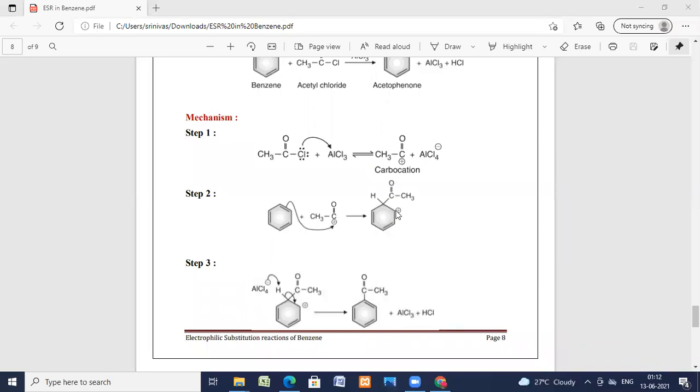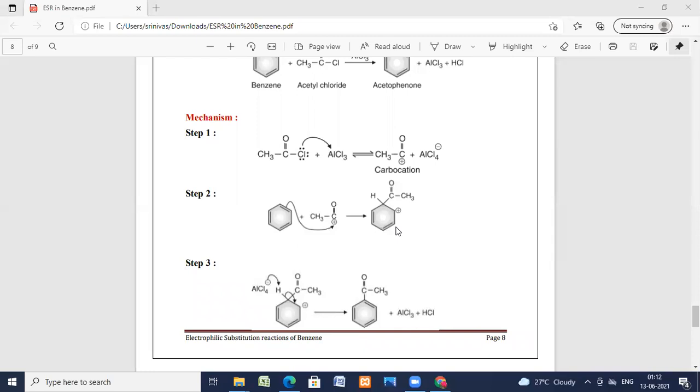Again, the same step, the carbocation is stabilized by its resonance structure. The positive charge on the carbon is shifting from ortho position to para position to ortho position. So in the benzene ring, the carbocation is getting stabilized by the resonance structures.